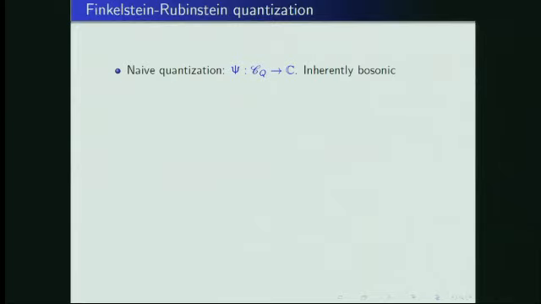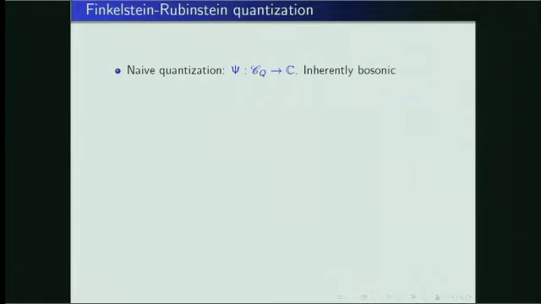Naively, you think about writing down a wave function on the field configuration space. So let's call the charge Q part of the space of maps from M to S2 CQ. This is the charge Q part of the configuration space. So in naive quantization, you just write down a wave function on that thing, or you imagine writing down a wave function on that thing.